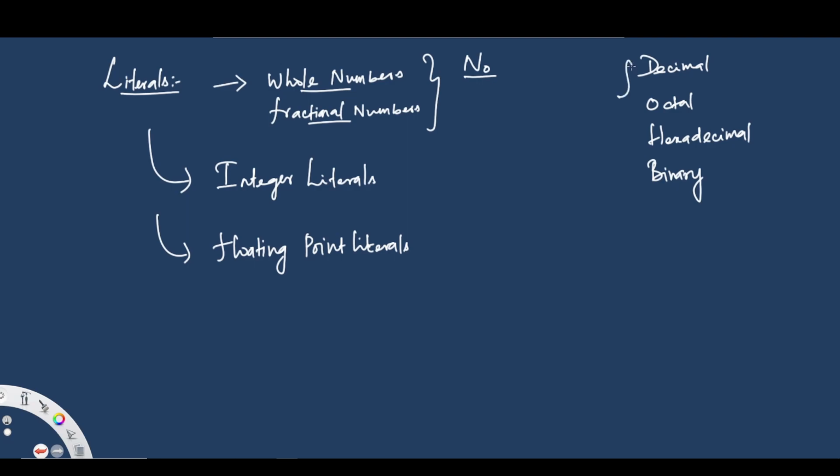All these 4 types of numbers we need to handle, so integer literals will talk about all these 4 types. Floating point literals, as we discussed earlier, talk about float and double only. Now we will see one by one.